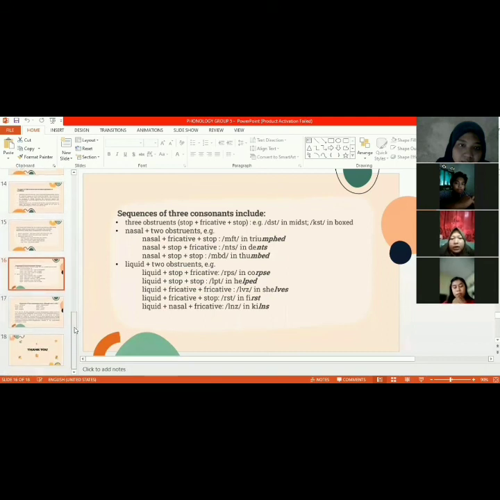Liquid plus stop plus fricative, RPS in corpse. Liquid plus stop, LPT in help. Liquid plus fricative, LVZ in selves. Liquid plus fricative plus stop, RST in first. And last but not least, liquid plus nasal plus fricative in cleanse. I think that's it.